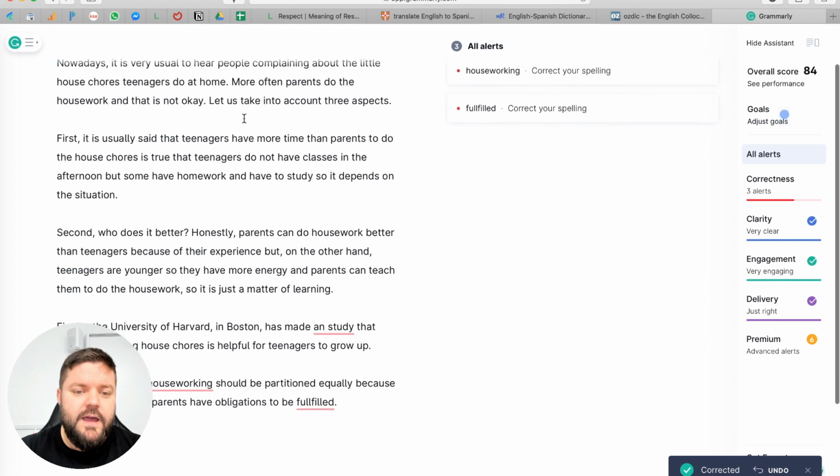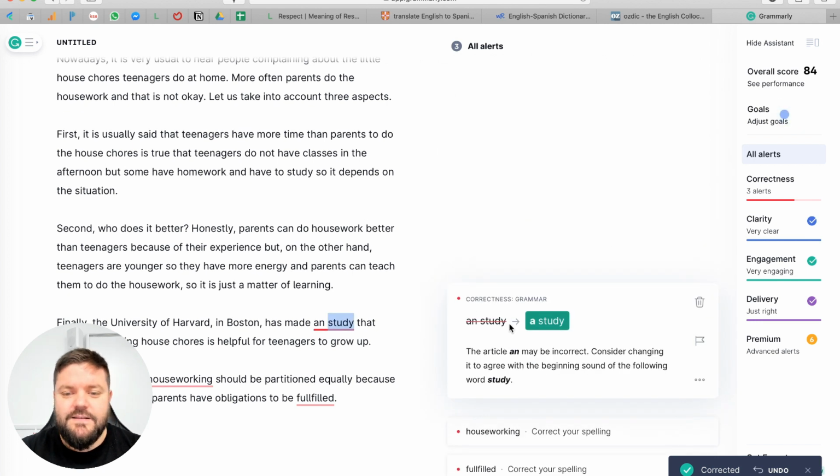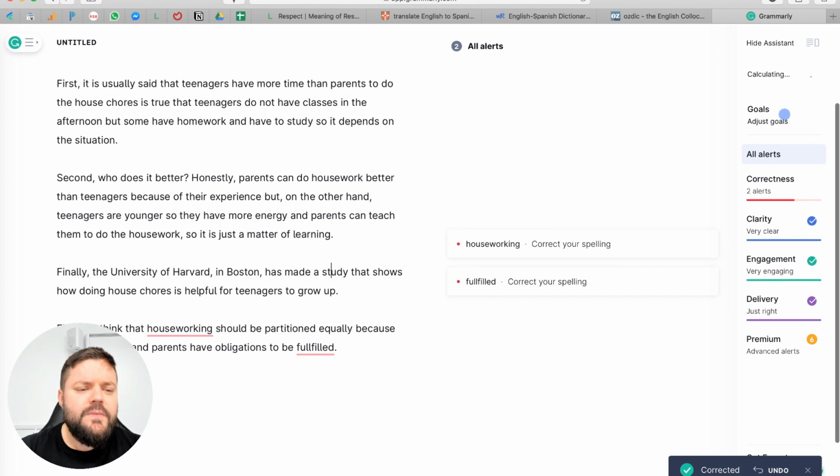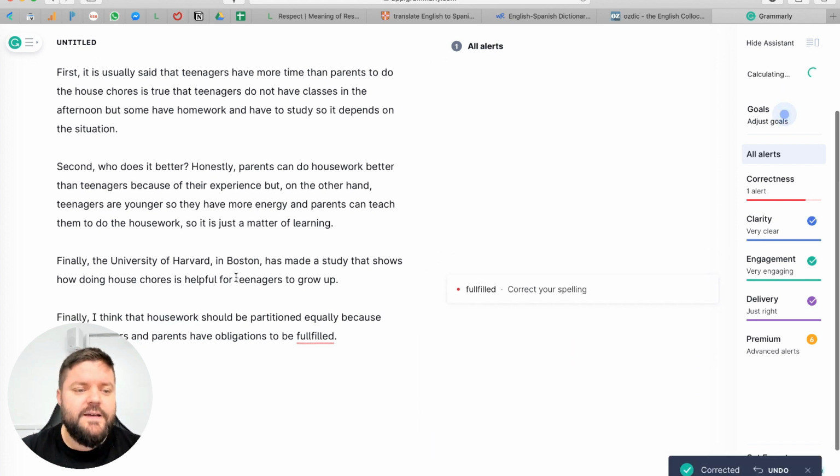All right? Then let's go on to the next one. Finally, the University of Harvard in Boston has made an study. Ugh, bad mistake. So yeah, obviously it's not an study, it's a study. Great. Finally, I think that the houseworking should be partitioned equally. The houseworking, no. In this case, we're talking about the housework, so you can correct that.